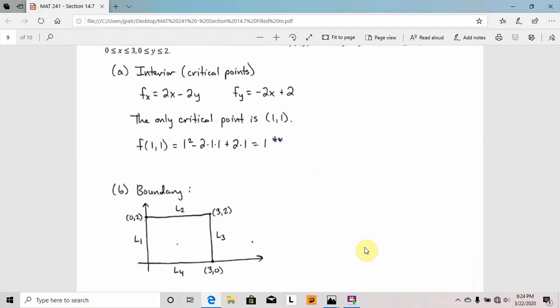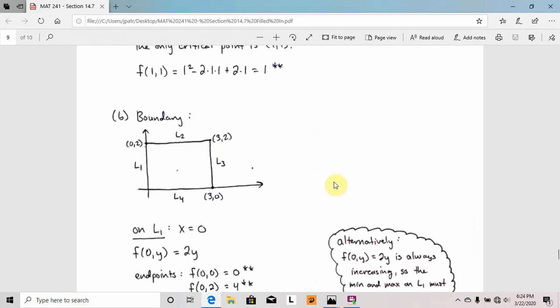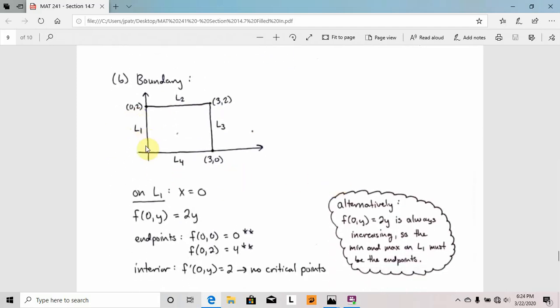All right, so on L1, on the left side, x is equal to 0, which means that the function, instead of being f of x, y, we could just write it as f of 0, y, and then if we put zeros in for x's, all you're really left with for the function is 2y.